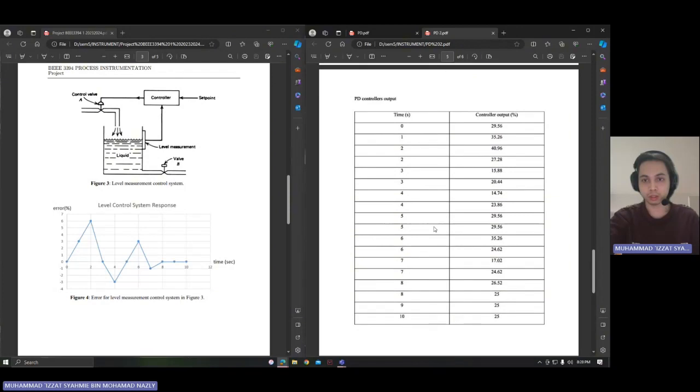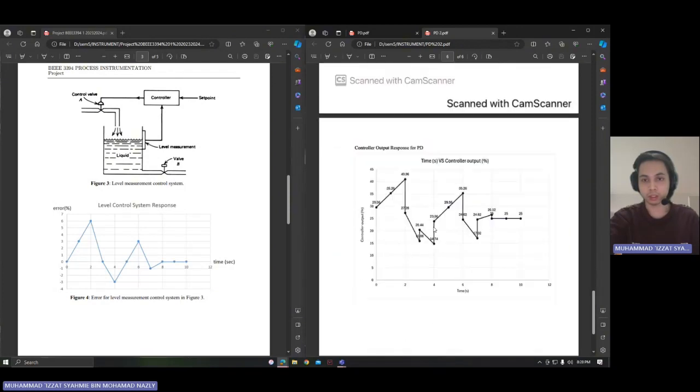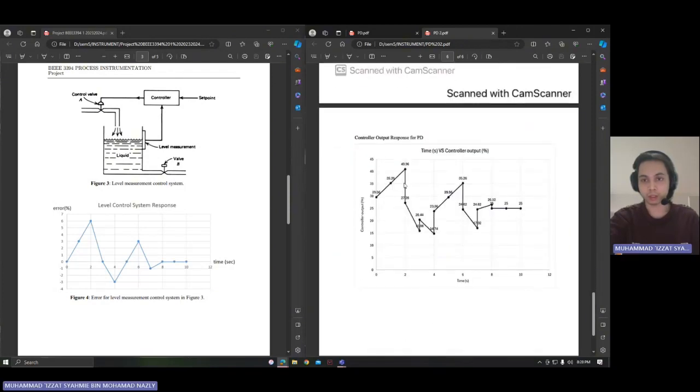Convert this table into Excel, and then it becomes the graph.